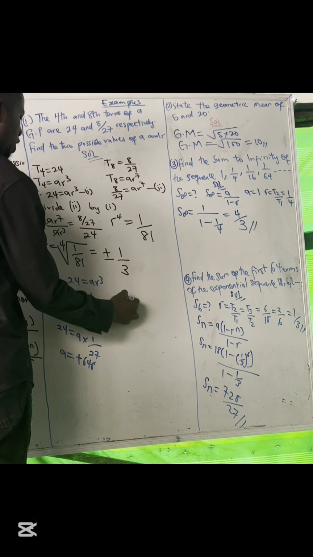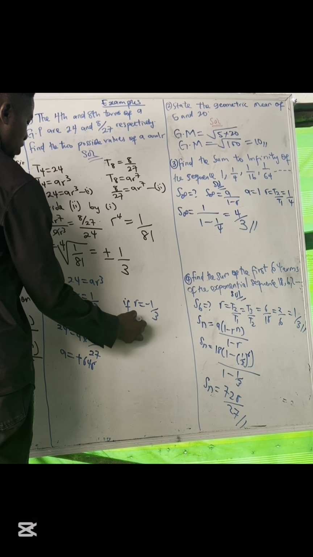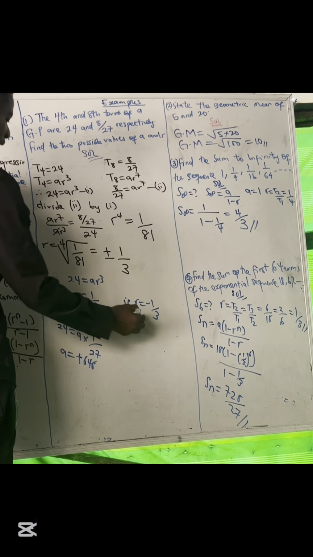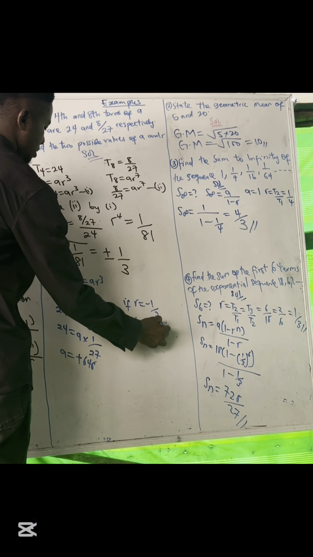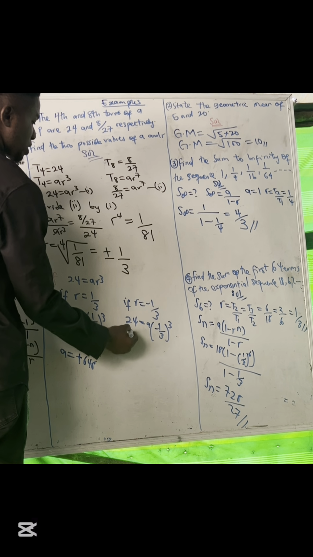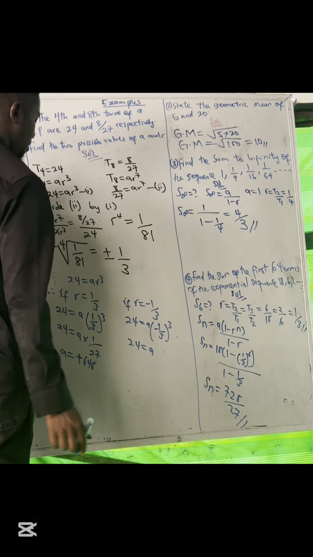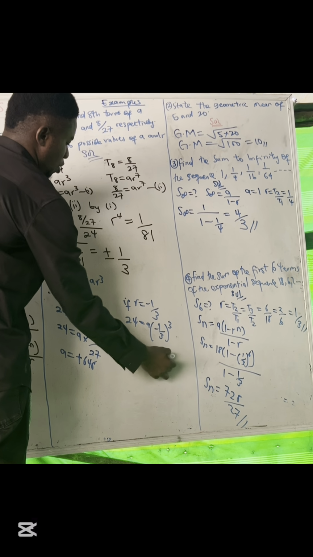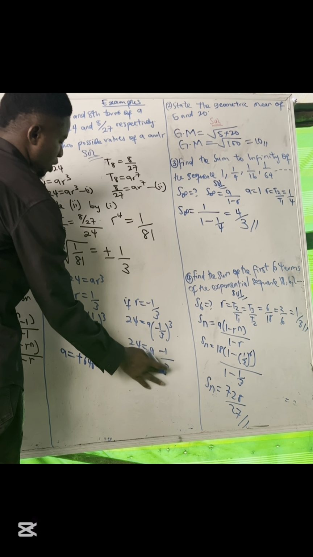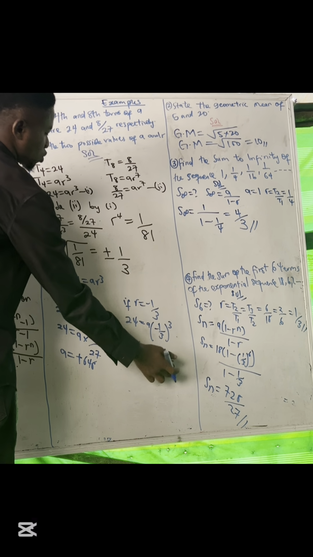But also, if R is equals to minus 1 over 3, that will be 24 is equals to A, open brackets, minus 1 over 3 all raised to the power 3. So therefore 24 is equals to A, minus 1 all raised to the power 3 is minus 1, all over 27, because 3 raised to the power 3 is 27.